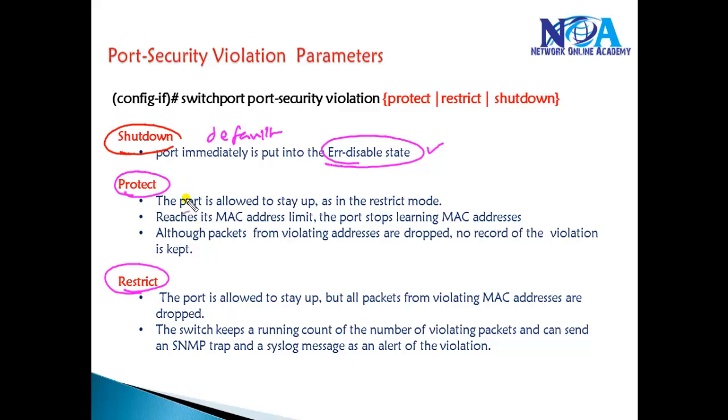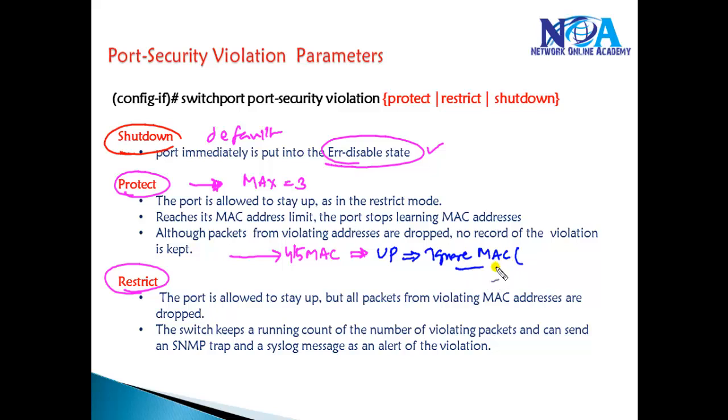Now the difference between these modes: in case of protect mode, let's say I'm defining the maximum MAC addresses as 3. Whenever it learns the 4th MAC address, that's a violation, but it is not going to put the port into error disabled state. The port will be up, but it is going to ignore the MAC addresses beyond that limit, which means it is not going to update the MAC table.